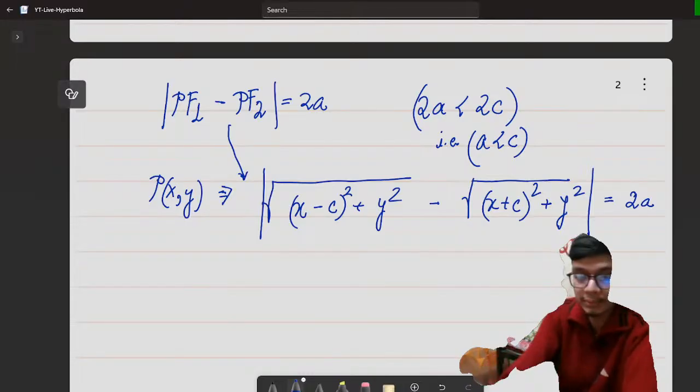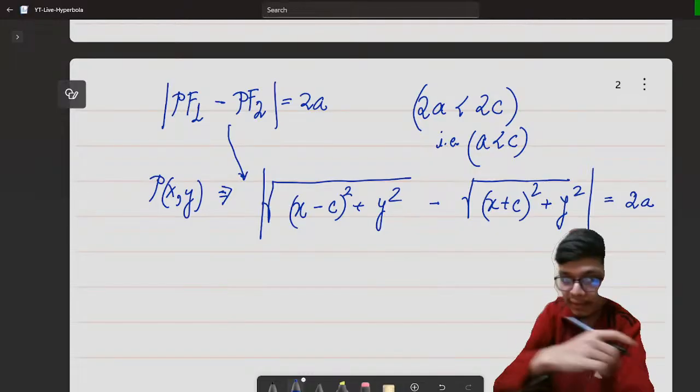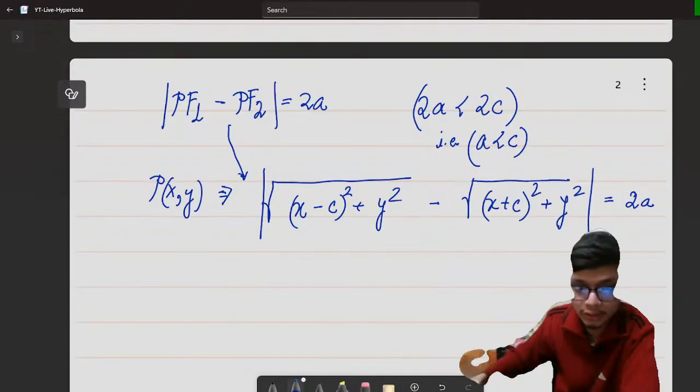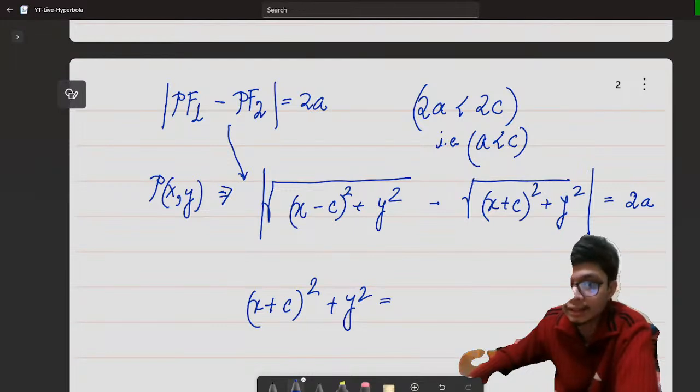Now having this done, I can further simplify. What I can do is square both sides and rearrange the terms. It is based on algebra, so you can take this on the other side and play around with the algebra, and then you can take the square of it.